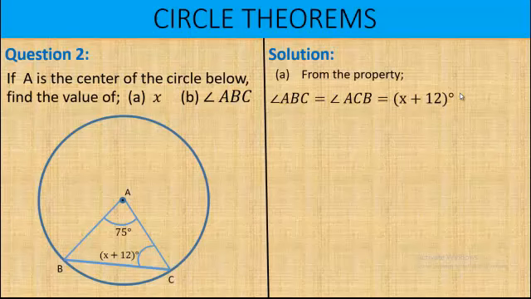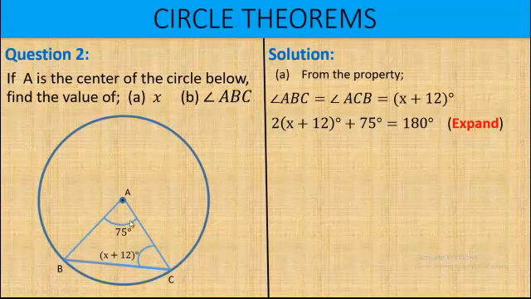Now, what we must do is to add all these values and equate it to 180 degrees, because the sum of interior angles of a triangle equals 180 degrees. So s plus 12 all degrees would be 2, as angle ABC is also bracket open s plus 12 all degrees.